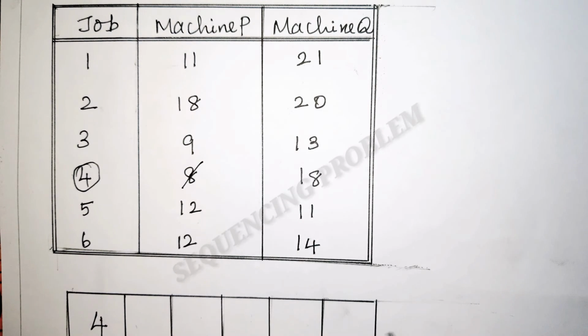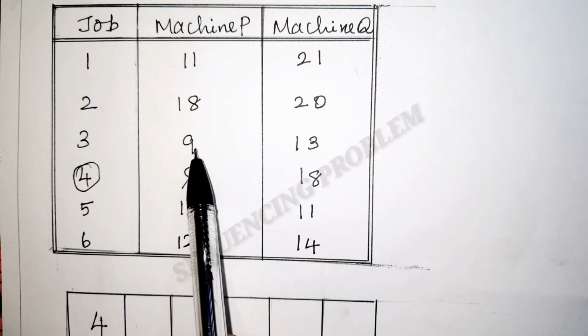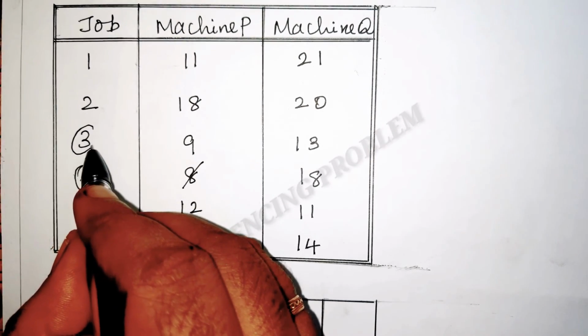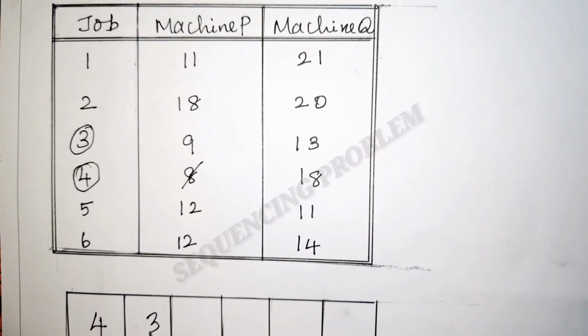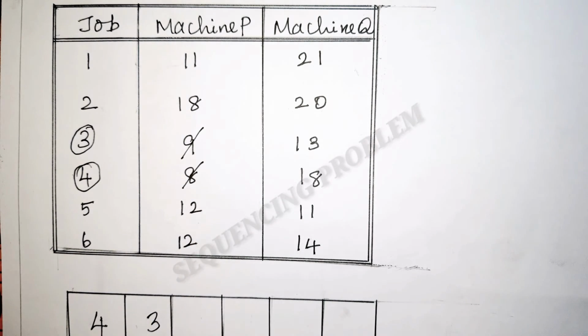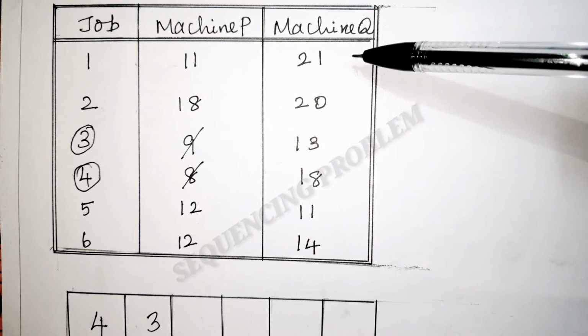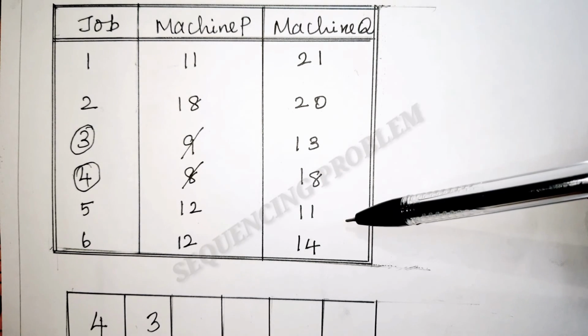The next minimum value is 9. It comes under the first machine. So the corresponding job 3 comes next. The next minimum value is 11. It comes in 2 places, one at machine 1 and another at machine 2.